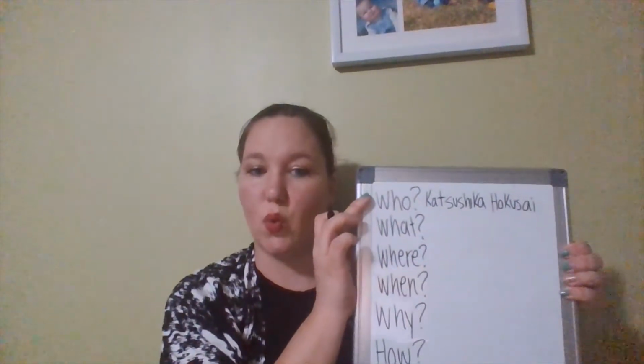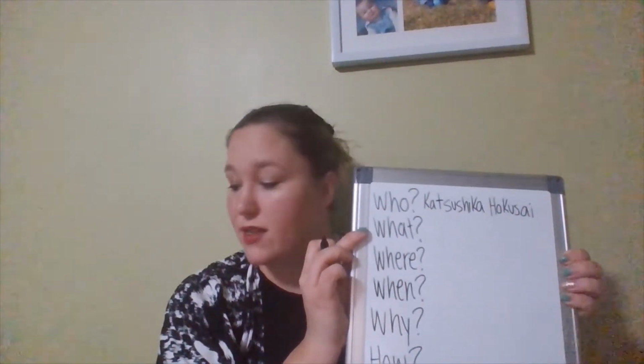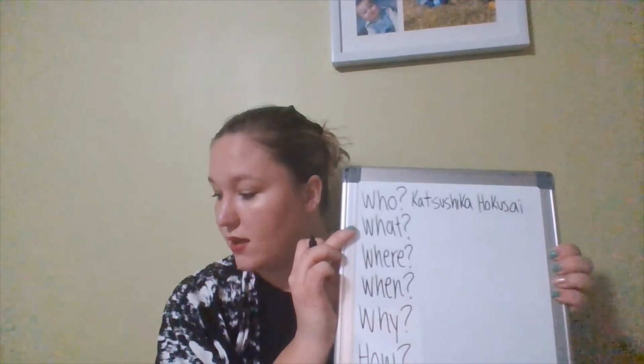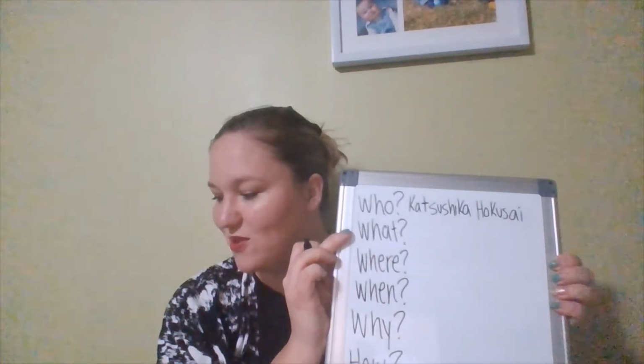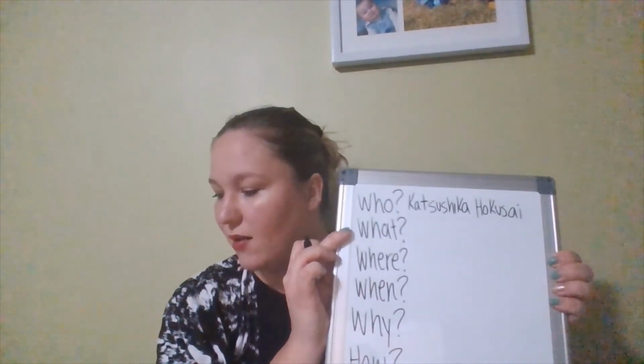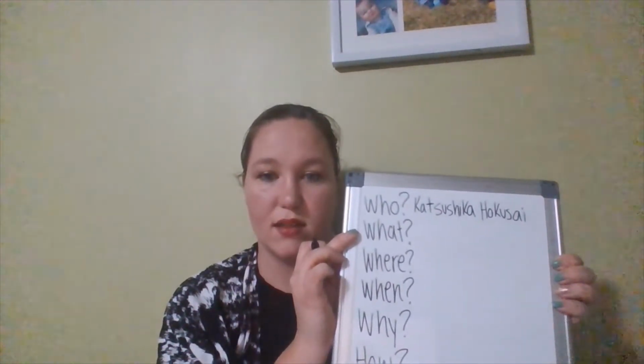So that's the who. Now we want to answer what. So what did Katsushika Hokusai, what did he make? Yes, the 36 views of Mount Fuji, okay? The 36 views of Mount Fuji.